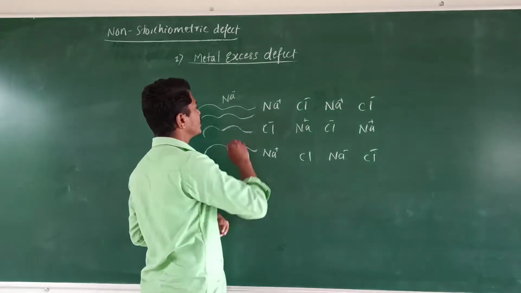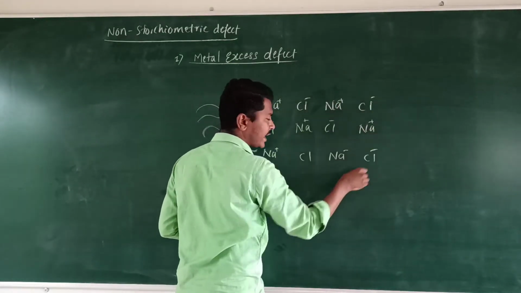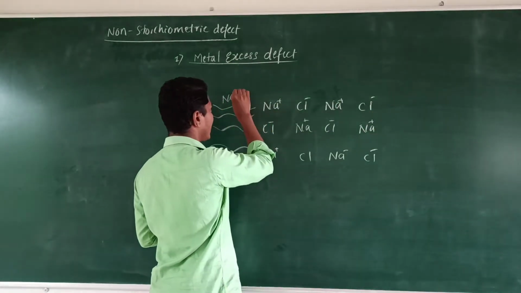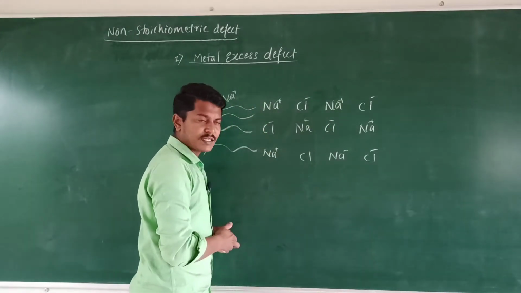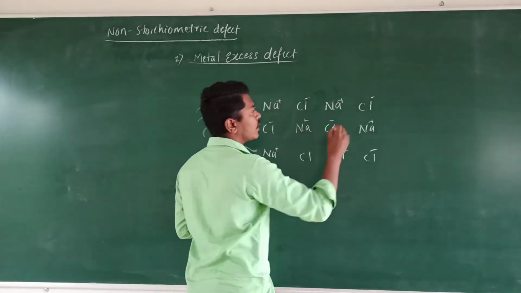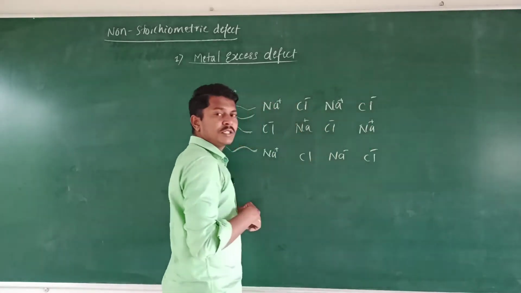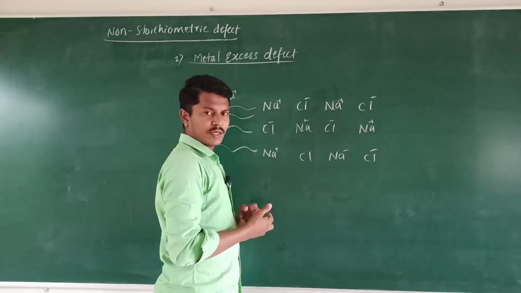some of the sodium ions are accumulated on the NaCl crystal, and the chlorine ion is diffused with the sodium.